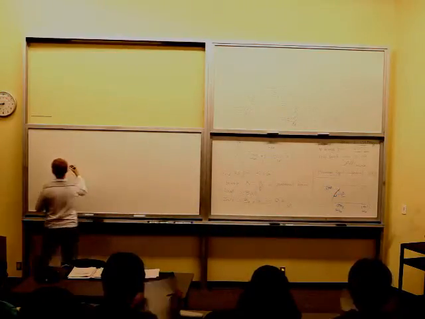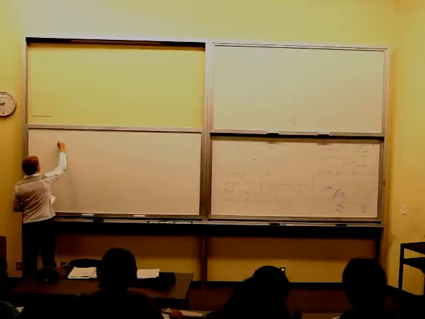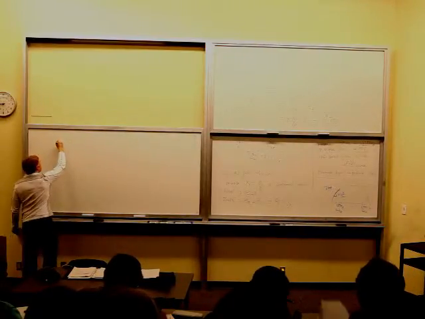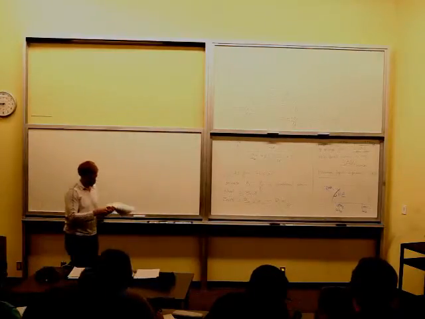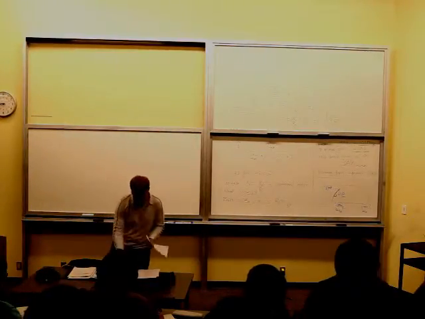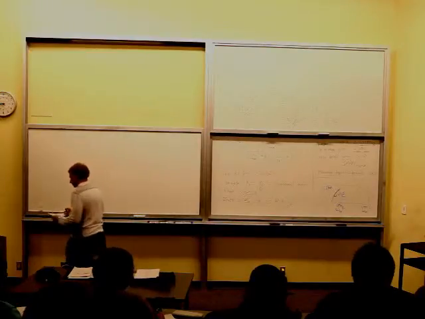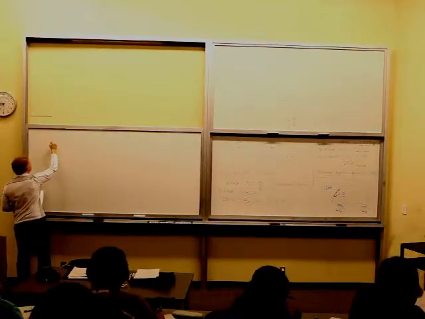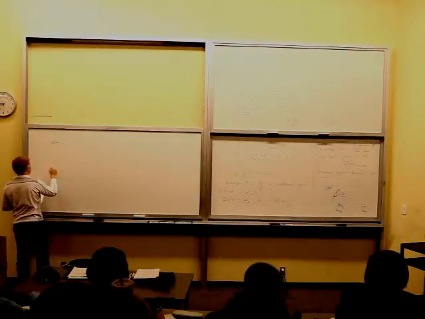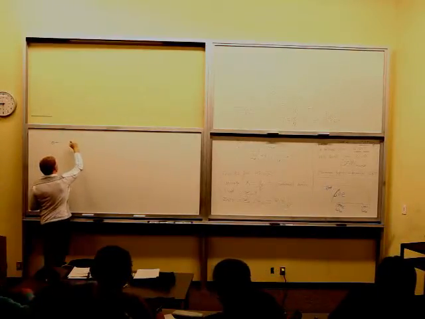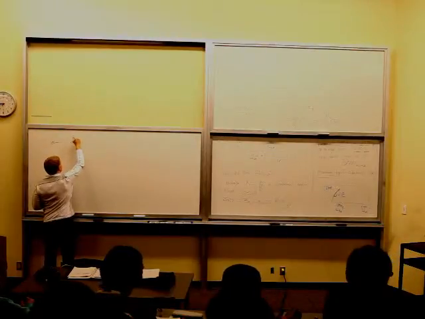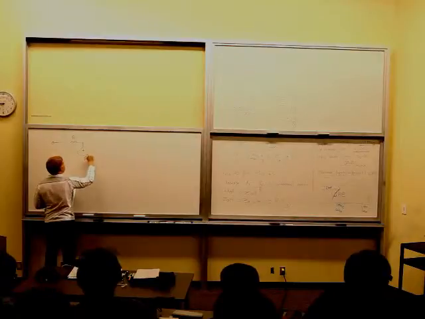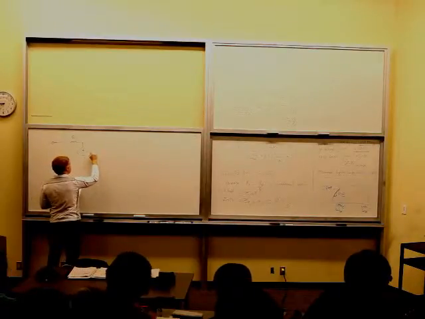Okay, so given the following two-port network, we're going to come up with the Z parameters. You have a dependent voltage source over here, which is V times I2.